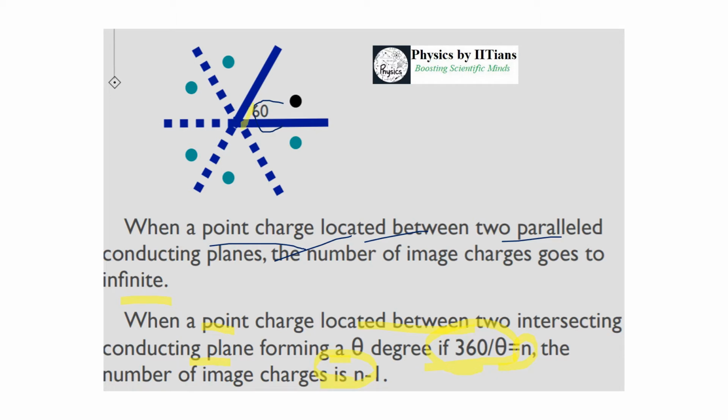Here theta is 60 degrees, so 360 by 60 is 6, and n minus 1, that is 6 minus 1, is 5. So 5 is the number of image charges due to this charge: 1, 2, 3, 4, 5. Whenever this kind of configuration is given and you are asked to find the number of image charges, you have to apply the formula.